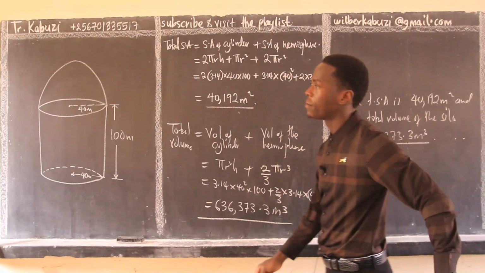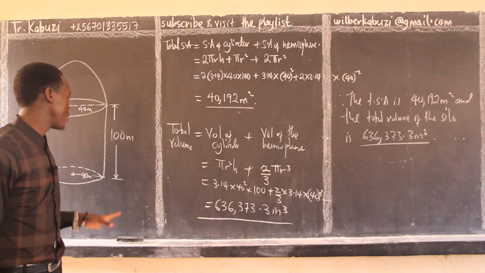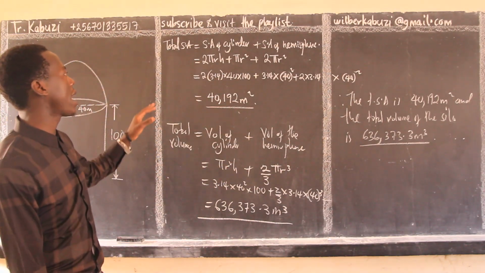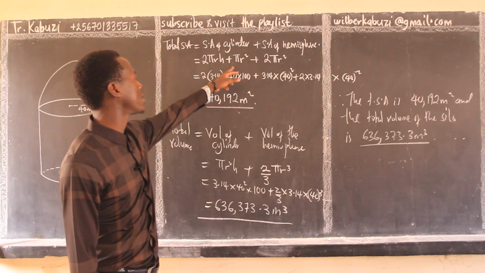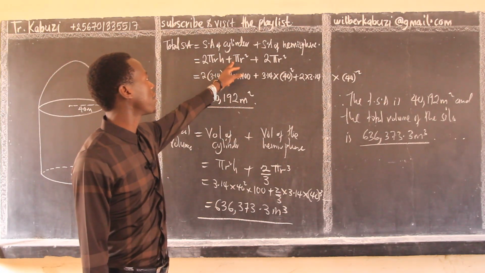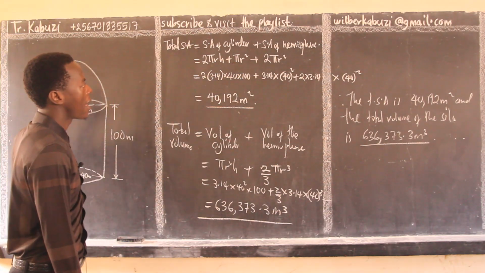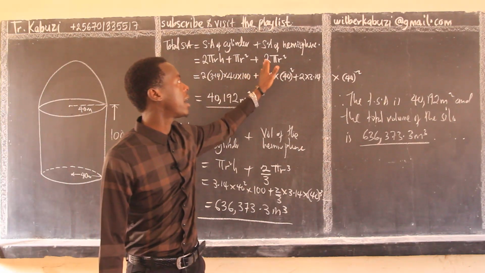We always give one decimal place in such scenarios. So the only thing we had to learn here is that we are removing one of the surface areas there, then adding the surface area of the hemisphere.